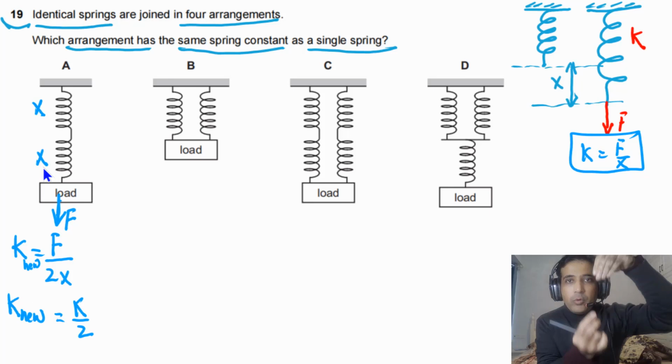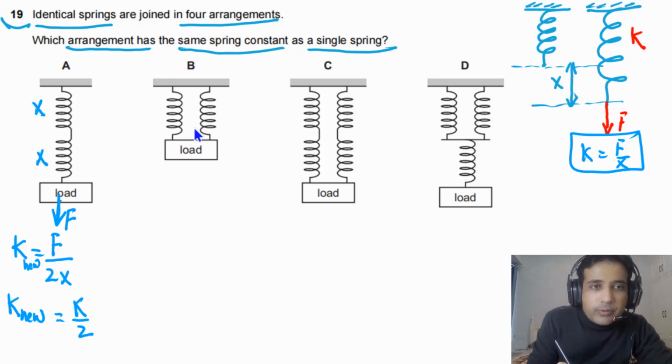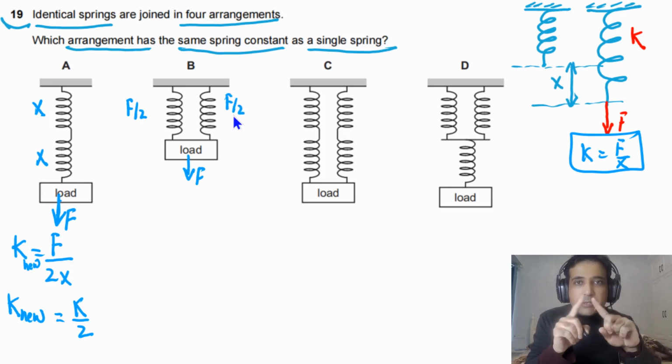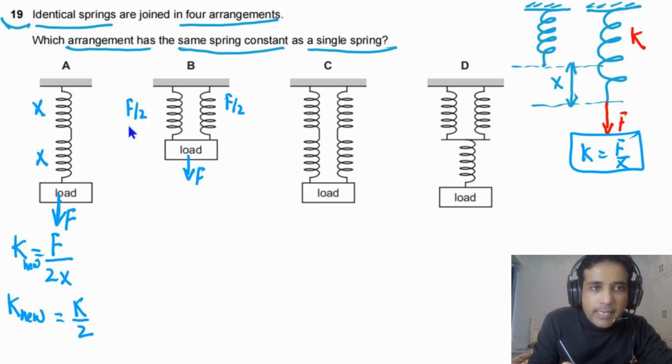Now if you look at this arrangement, in this case again we apply the same force F. So the force on this spring will be F by 2 and the force on this spring also will be F by 2, which means the force will be divided into 2 parts. As the force on each is half, the extension also will be half, X by 2 for each.